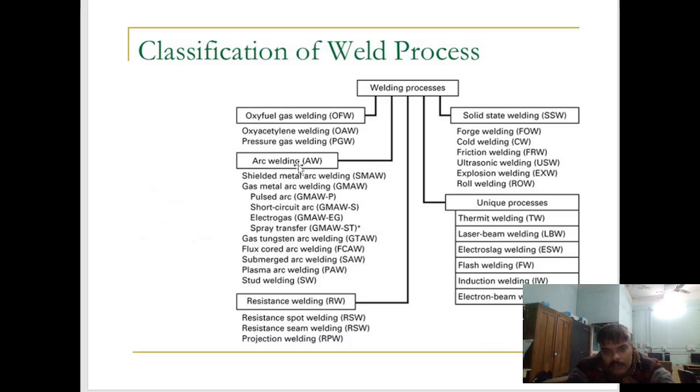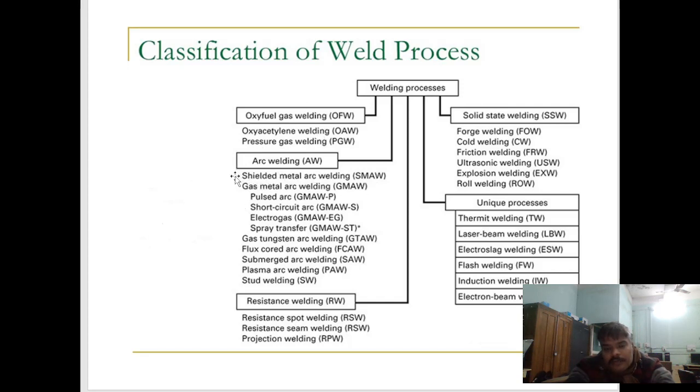In arc welding, what will happen? Arc is generated between two poles, between the cathode and anode. One piece will be anode and one piece will be cathode, and arc is generated between these two pieces.